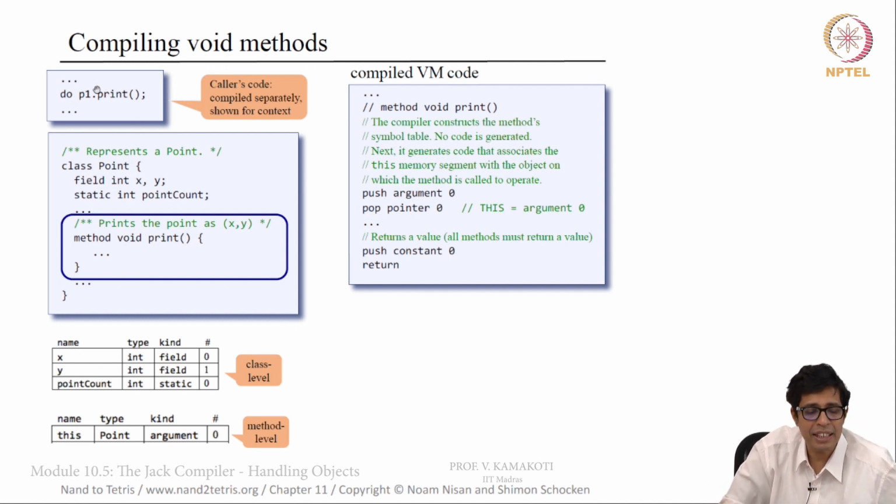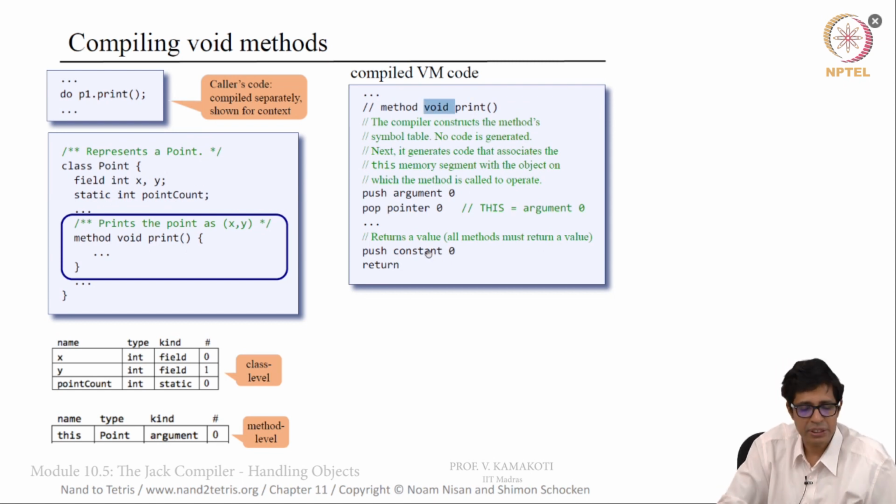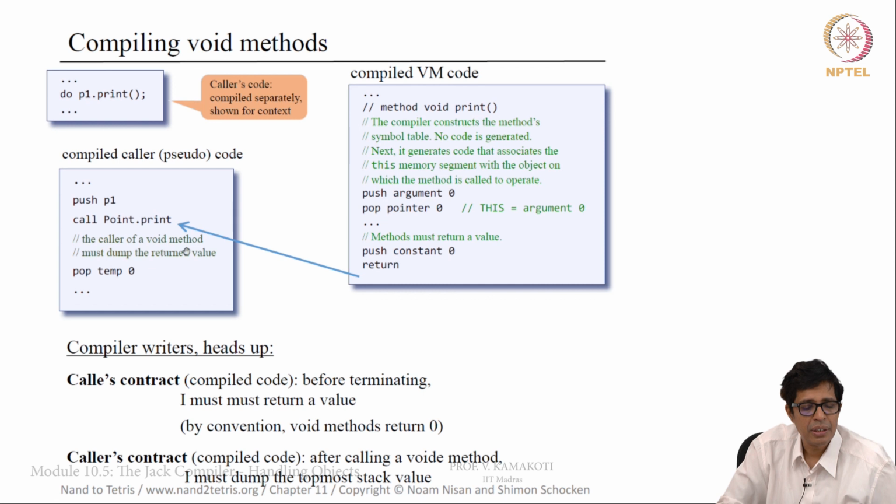So in the case of do, certainly this routine is not going to give anything. So we put push constant 0 and then return. It's a void function, it's not returning anything, still I will put push constant 0 and return, and that will come back here. So if it is void, this is how we compile that function. The return goes back here.